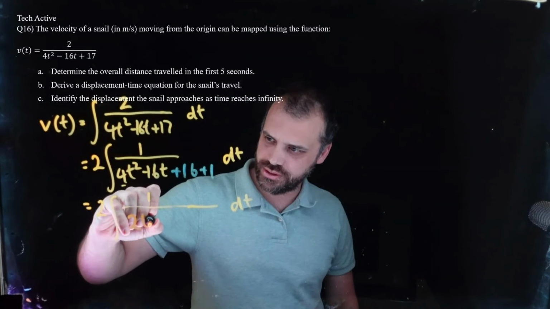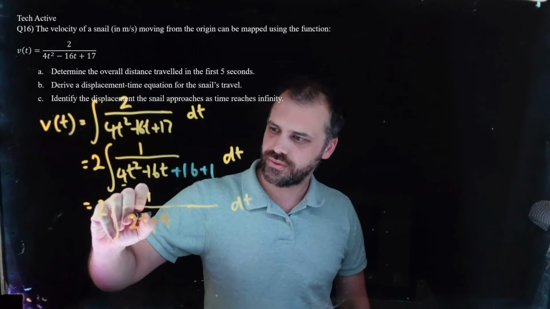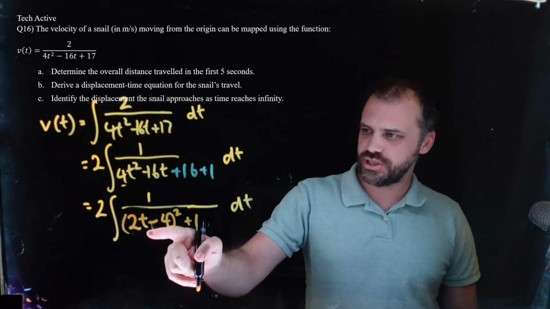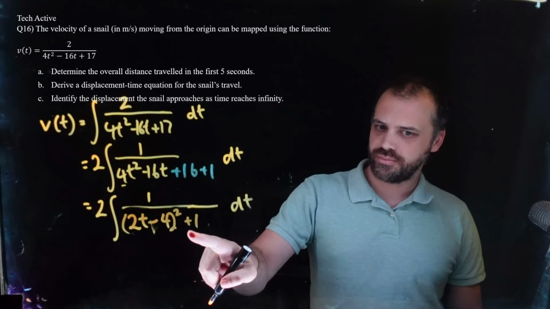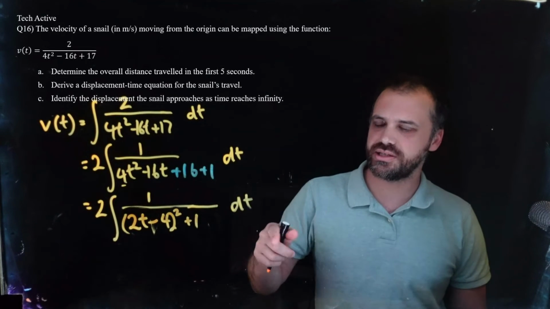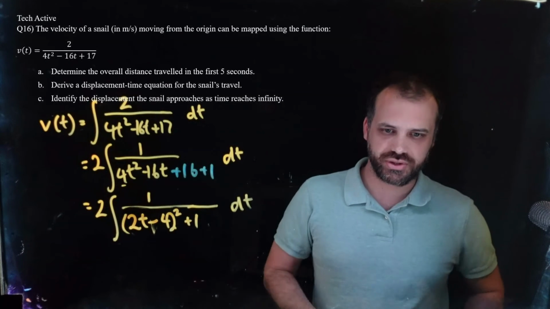It becomes 1 over (2t minus 4) squared plus 1. This 4t squared minus 16t plus 16 should sort of jump out at you as a perfect square.